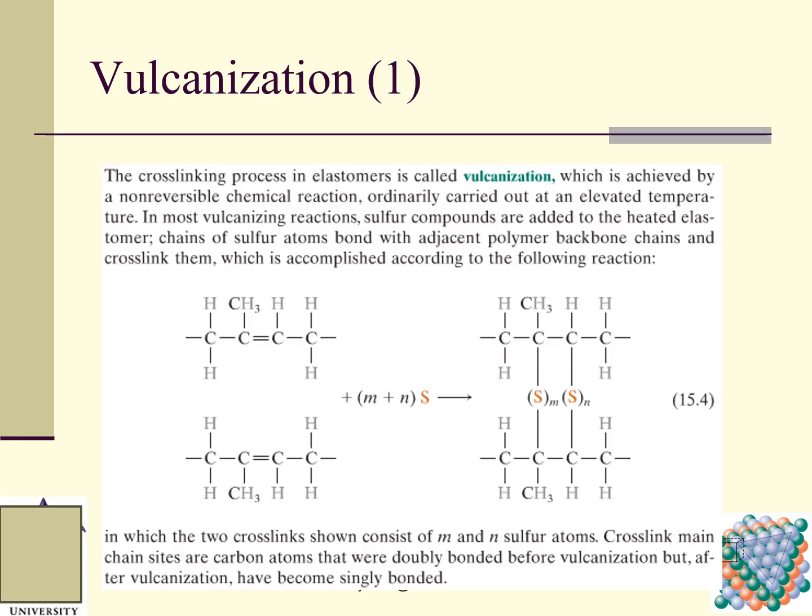In most vulcanizing reactions, sulfur compounds are added to the heated elastomer. Chains of sulfur atoms bond with adjacent polymer backbone chains and cross-link them, which is accomplished according to the following reaction.